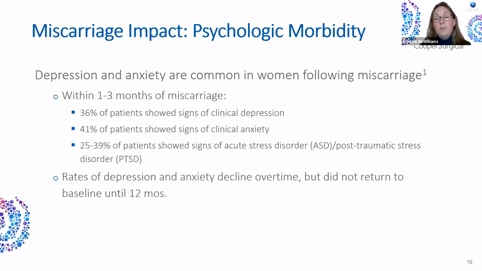Furthermore, 25 to 39% of patients can show signs of acute stress disorder or even progress to post-traumatic stress disorder. Fortunately, rates of depression and anxiety do decline over time, but did not return to baseline levels for a full year following the miscarriage event.